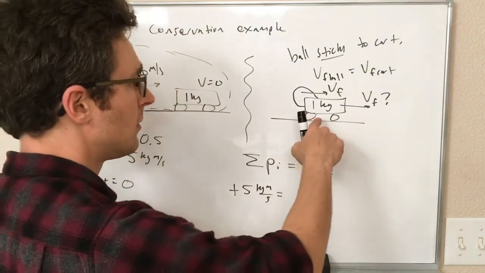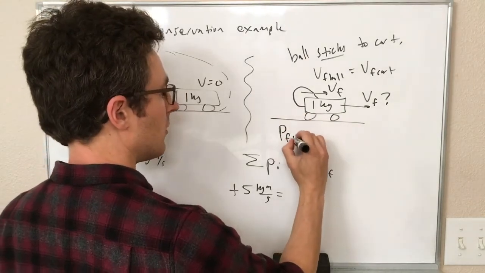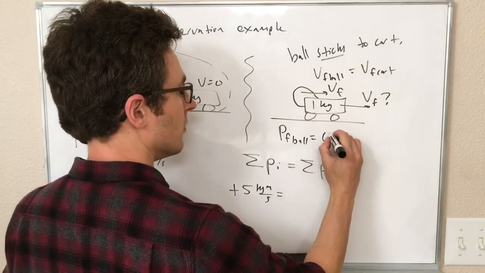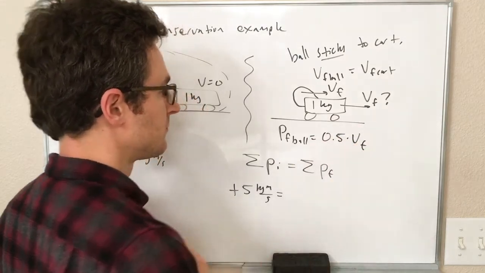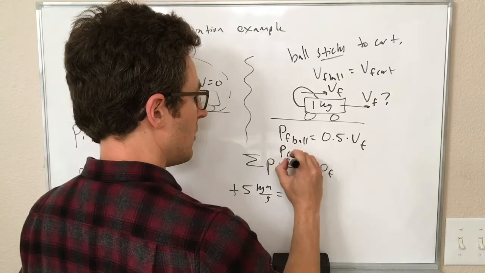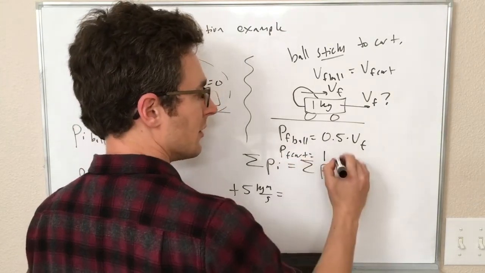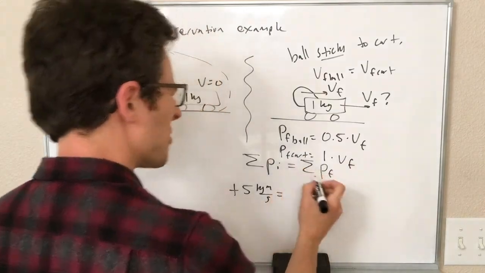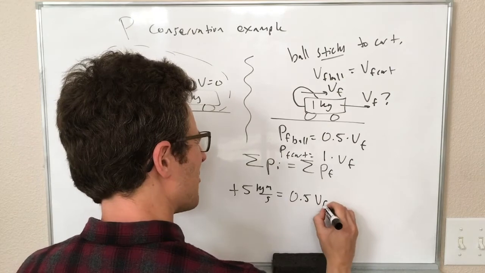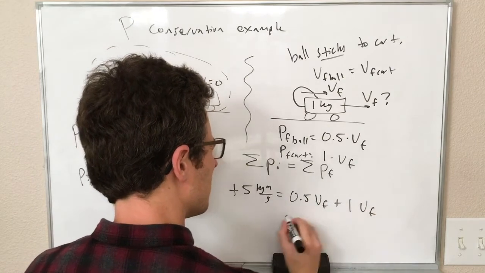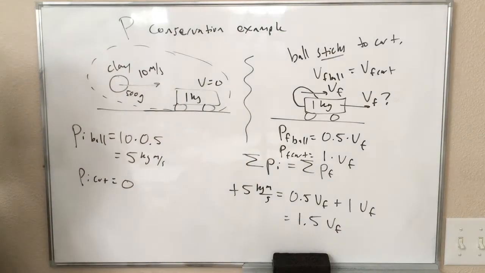So at the end, the momentum of the ball is equal to 0.5 kilograms times v final. And the momentum of the cart is equal to 1 kilogram times v final. So our final momentum is equal to 0.5 v final plus 1 v final, which is equal to 1.5 times v final.